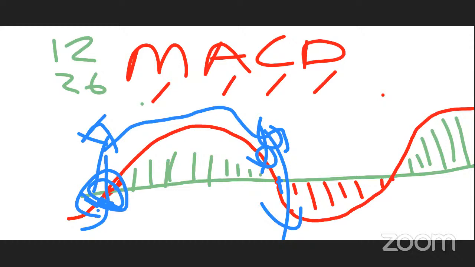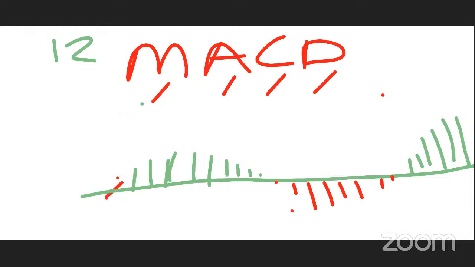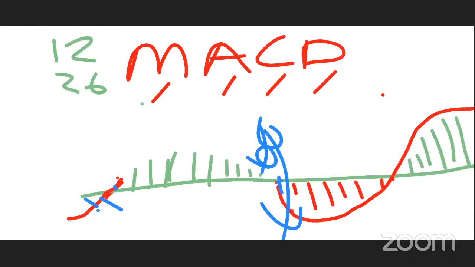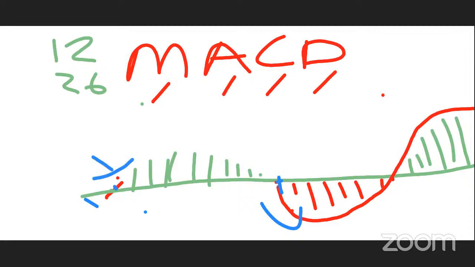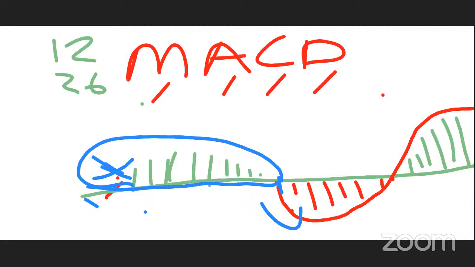So once it crosses, now I'm making it clear. Once the crossover happens above, like here, or like here, in the green histogram area, the coin is going to pump in most cases.